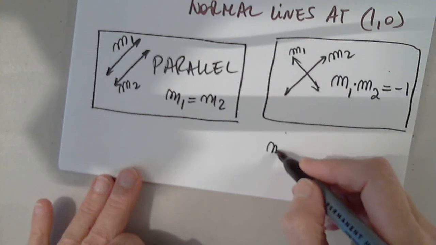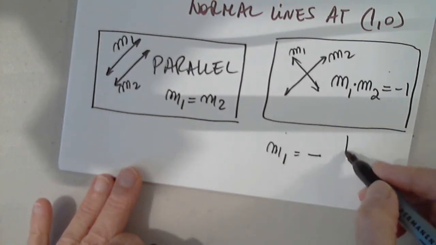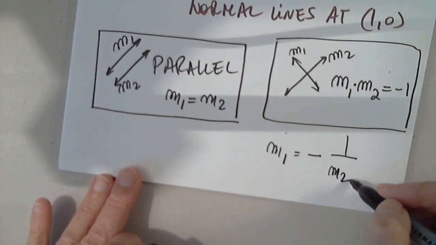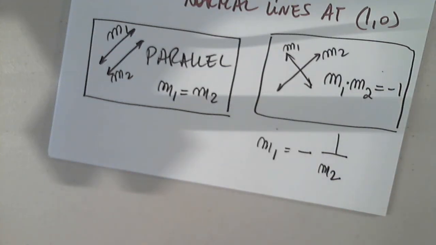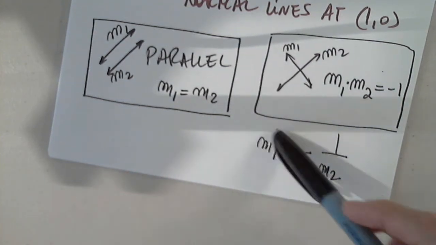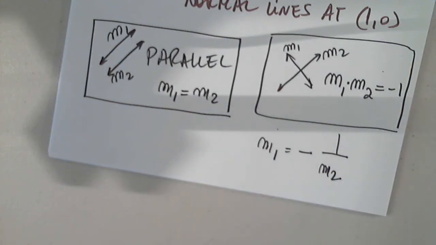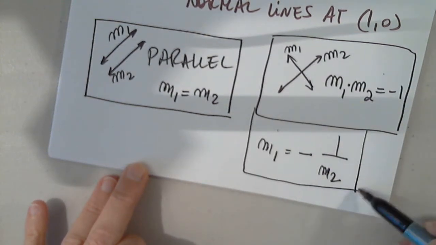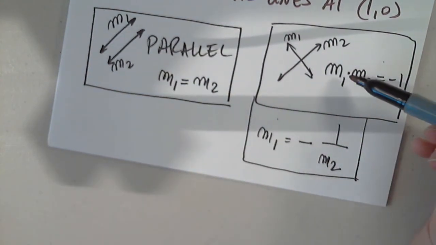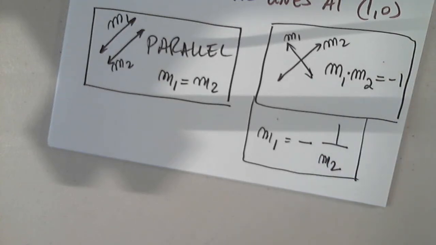I can say that m1 is the negative multiplicative inverse of the other, or I can say the product of the slopes is negative 1. Cross multiply and you get this. It's up to you. It doesn't matter to me how you remember it. They mean the same thing. But for me, it's easier to say the product of the two is negative 1.